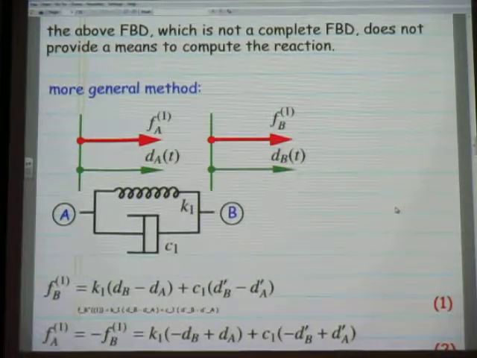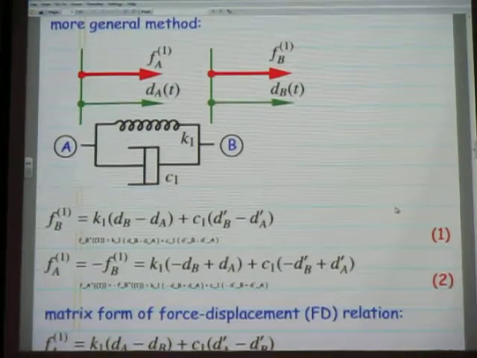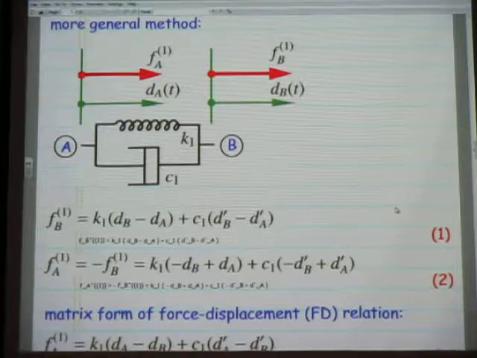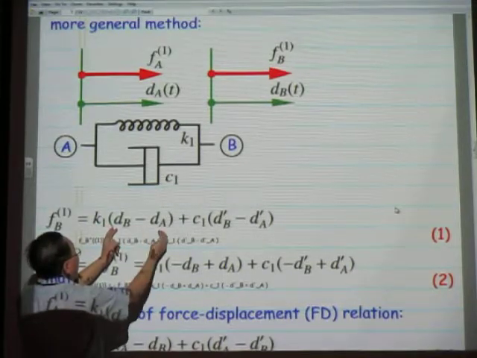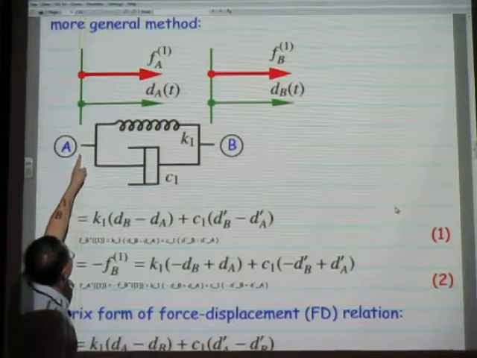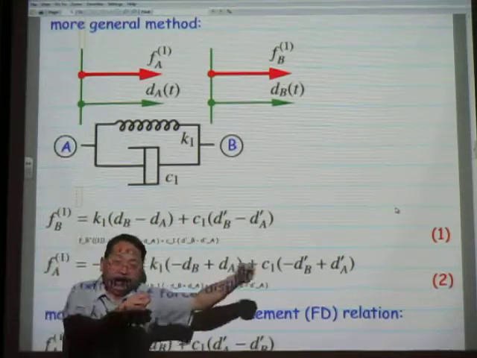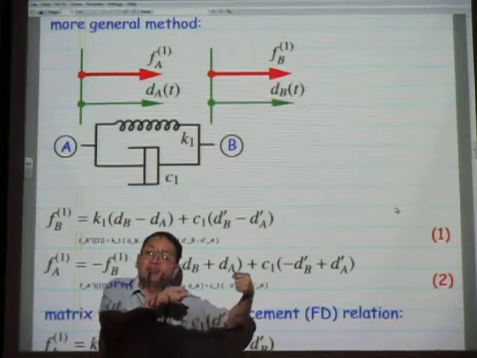Where dB minus dA, as mentioned, is the difference in the displacement between node B and node A, which is the stretch. It's like you are an observer sitting on node A and looking at how much the spring is stretched.